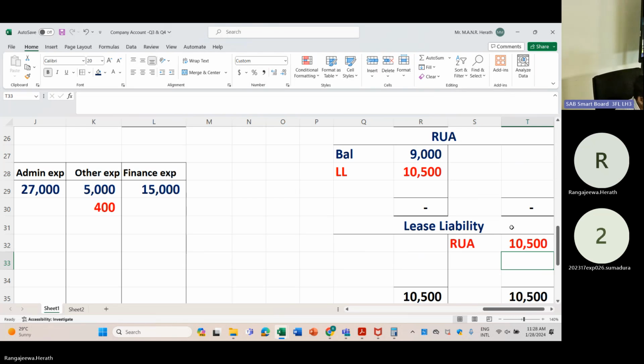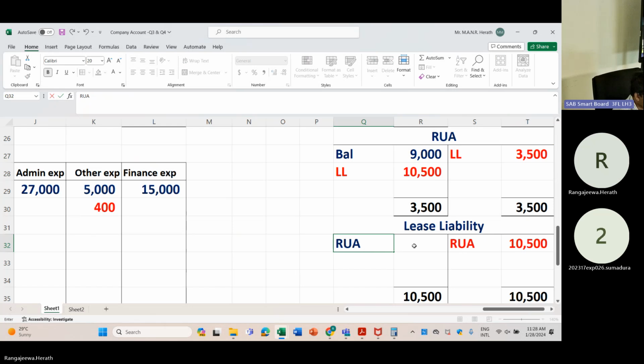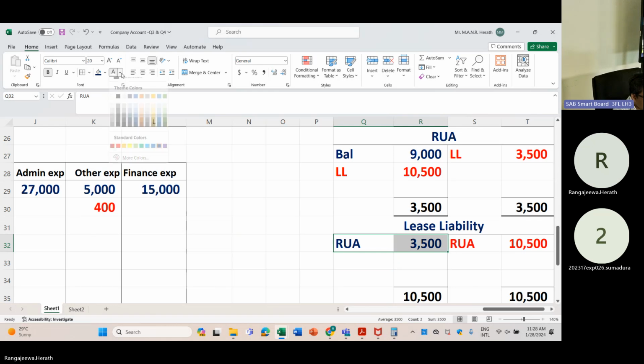Then the 3,500 first installment debited to the right of use asset, but that should be removed from here and debit to lease liability account 3,500. වැරදියට right of use asset debit කරලා. 3,500 first installment එක එතනින් ගලවලා මෙතන දාන්න. එතකොට මෙතන 6,500 down payment එක තියෙනවා, lease liability එක තියෙනවා.